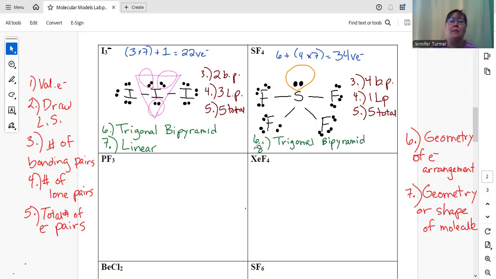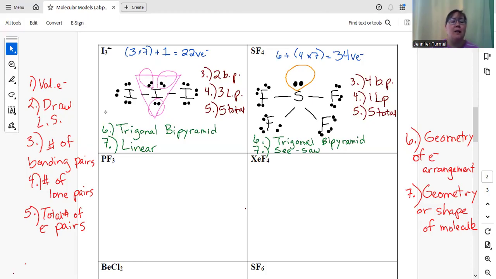And then number 7. Our shape is going to be seesaw. And it'll look kind of like a teeter-totter.